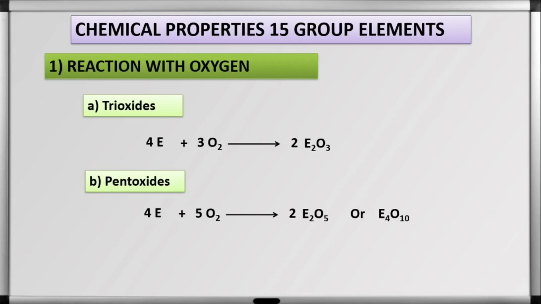We can take an example. When 4 moles of element react with 5O2, with the air, we get the pentoxides. For example, we can take phosphorus. When P4 reacts with 5O2, we get phosphorus pentoxide or P4O10.